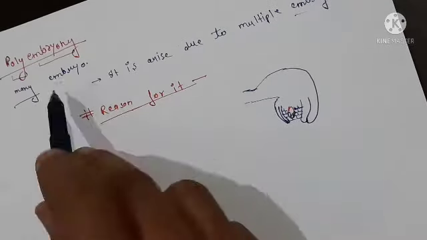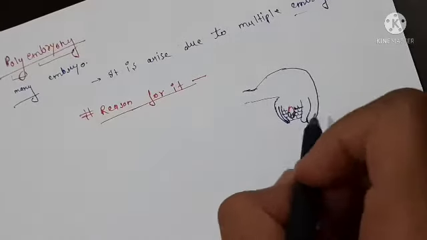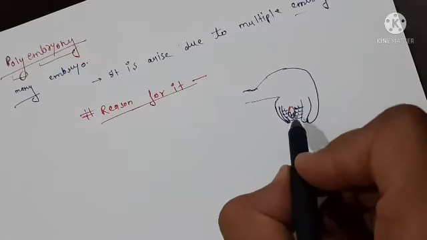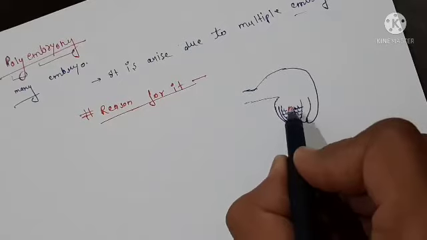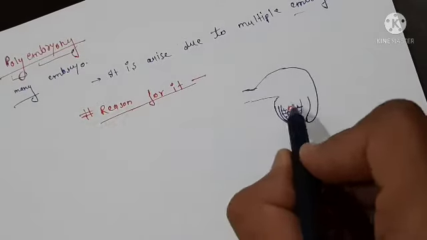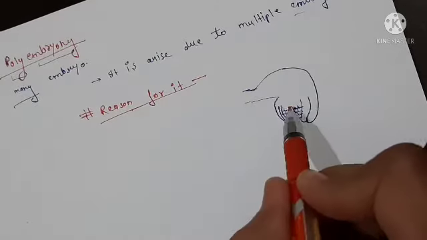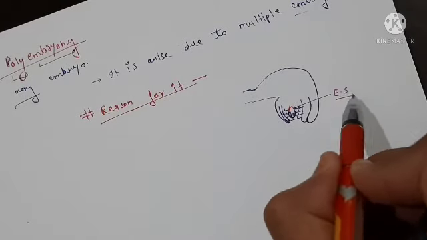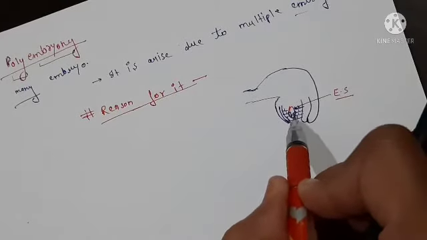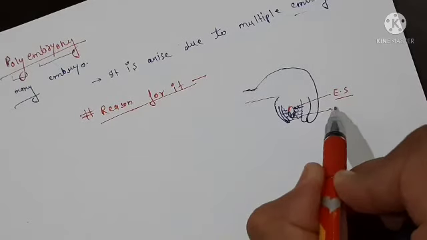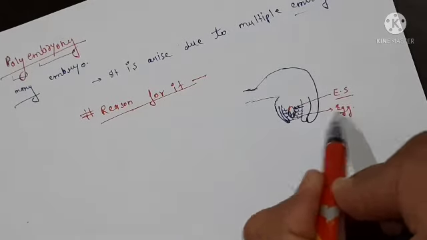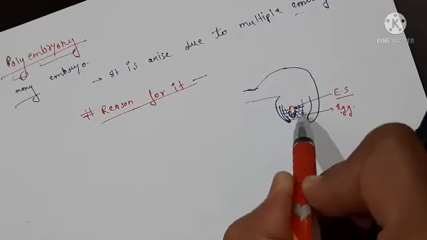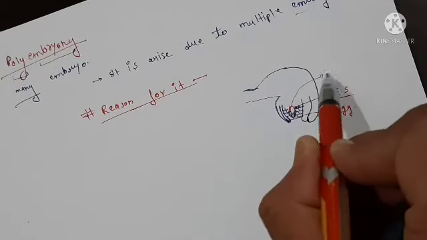So what are the reasons for polyembryony, friends? Inside this, this red color is the structure of embryo sac. Here this green part is the egg, and these two parts are synergids.